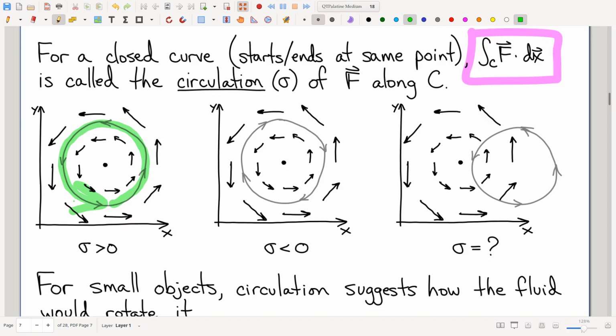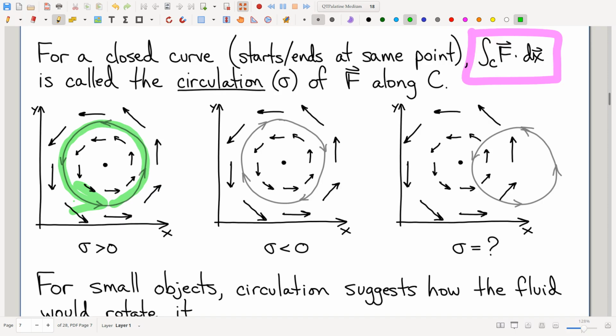If you keep track of the unit tangent vector, that unit tangent vector has to make exactly a loop, right? The unit tangent vector goes around literally in exactly a circle. So the points that the curve travels might not be a circle, but the tangent vectors will go around in a circle.